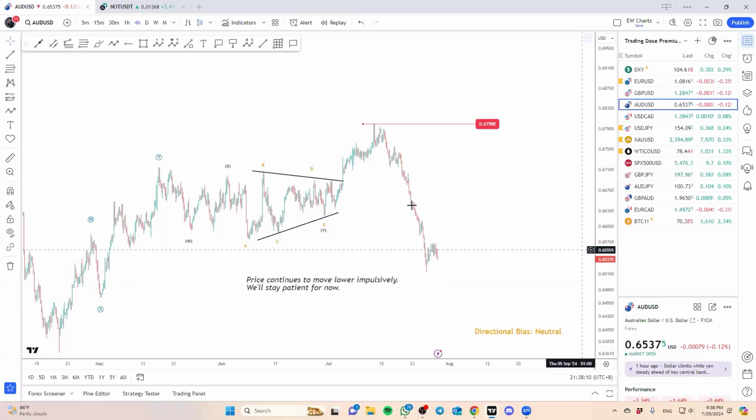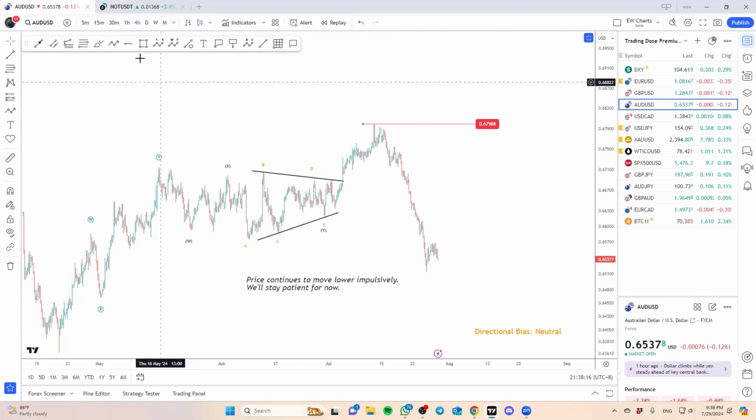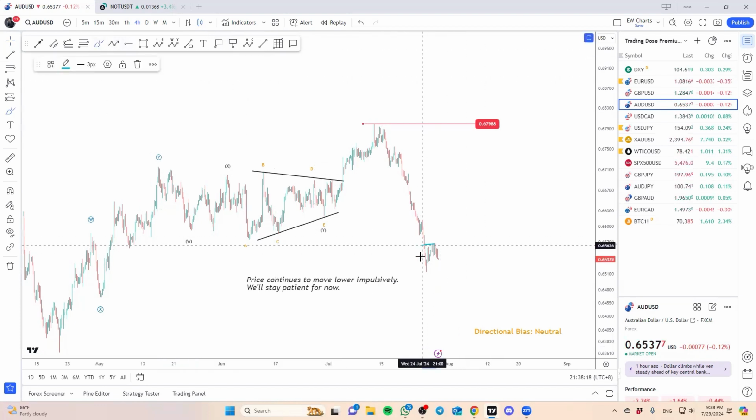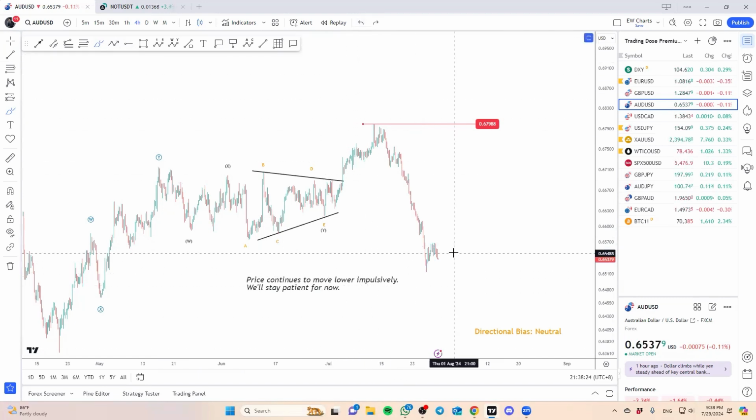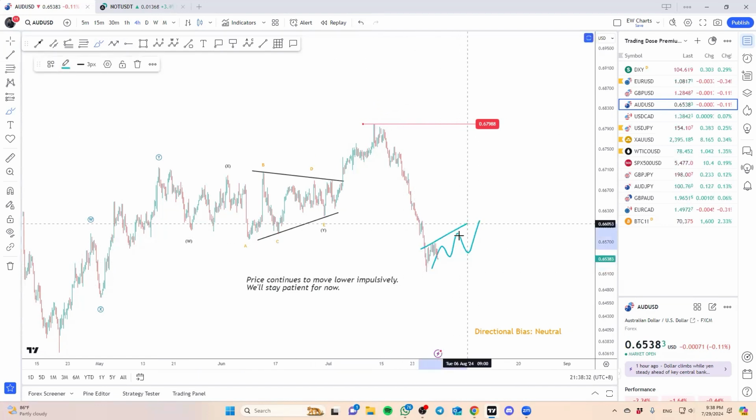Aussie dollar here, neutral. The market has been putting in an impulsive move to the downside for almost the entire last week, ending off with just a slight pause. With that kind of momentum push, obviously we are going to be bearish, no doubt about it. But you don't want to be selling at the bottom, right? You always want to wait for some sort of a decent pullback before you jump in and sell again.